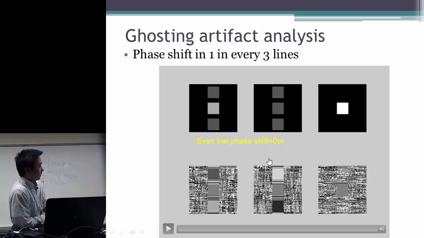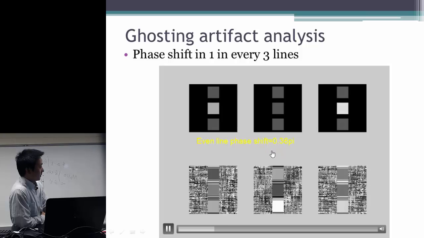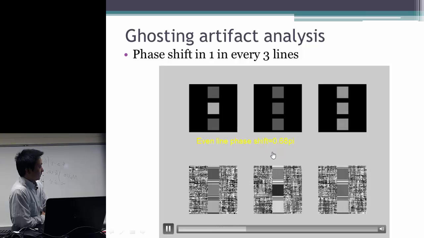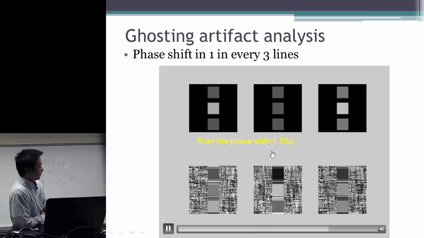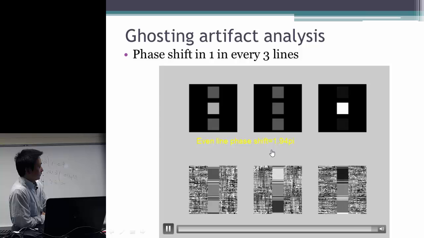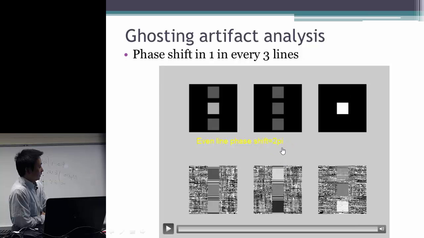So let's also take a look at how it changes.